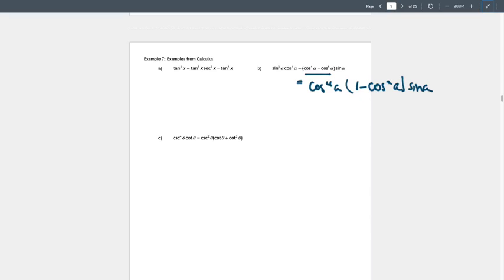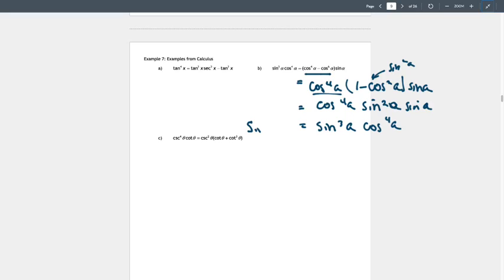Now I'm trying to get sine cubed and cosine to the fourth. Well, I've got cosine to the fourth already. This is the same thing as sine squared, so we'll replace that. And when you multiply sine squared alpha times sine alpha, you get sine cubed alpha. So that'll be sine cubed alpha times cosine to the fourth alpha. And that's exactly what I want it to be.